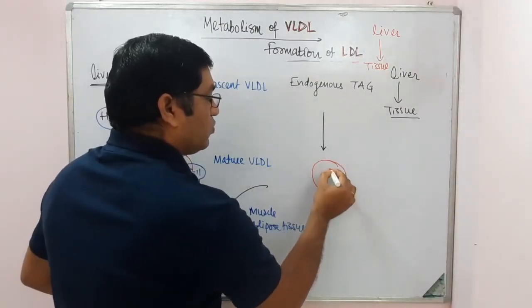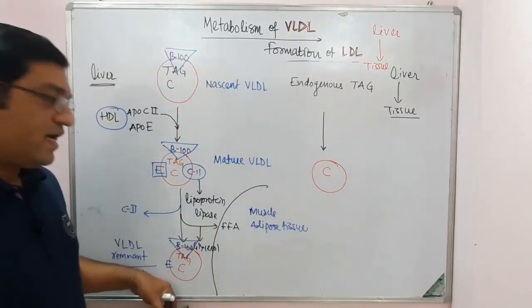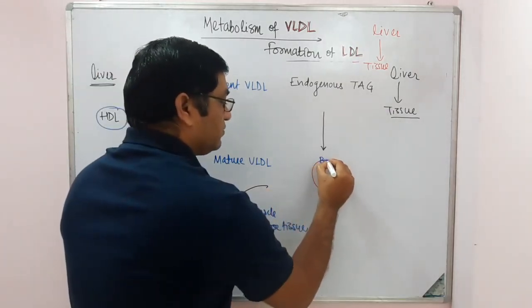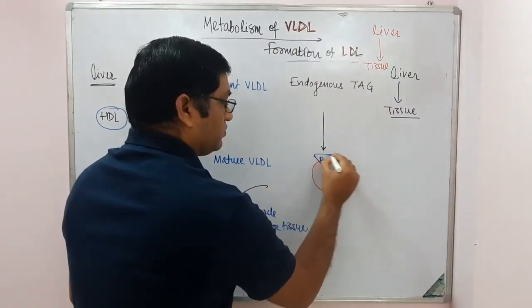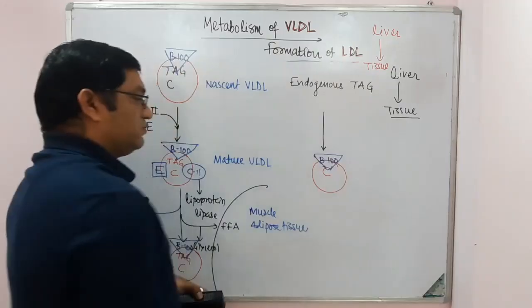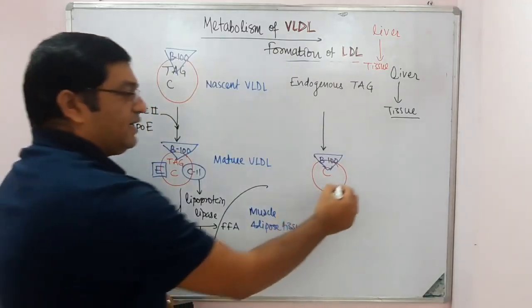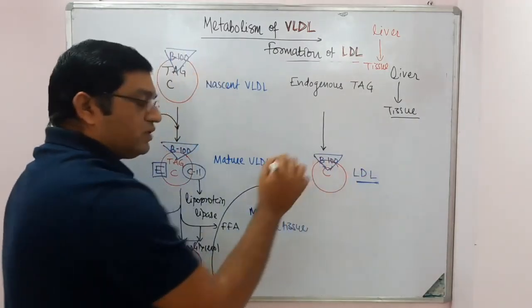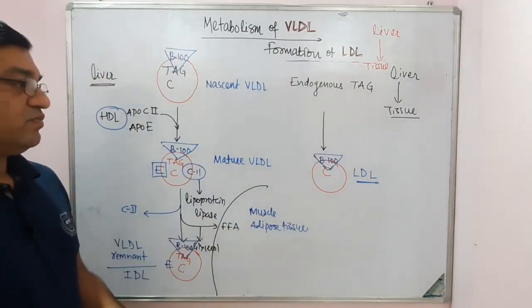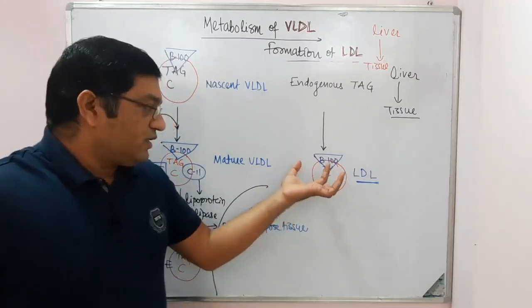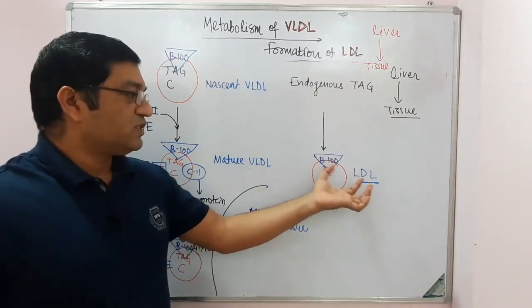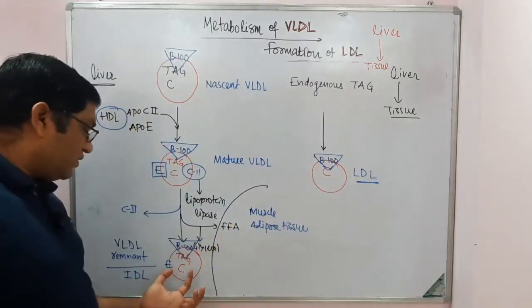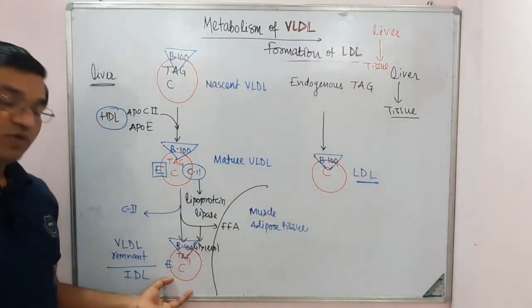It mainly contains cholesterol and only one apoprotein, that is apolipoprotein B100. The cholesterol is from the VLDL. Apolipoprotein B100 is the only apolipoprotein present in the LDL. It is formed from the intermediate density lipoprotein.